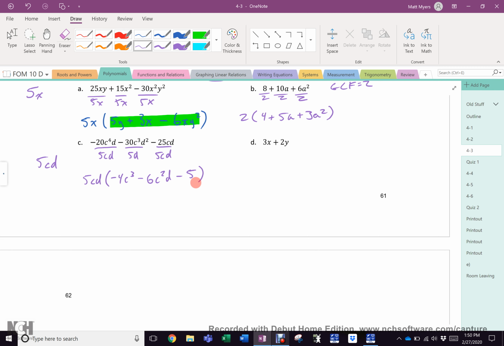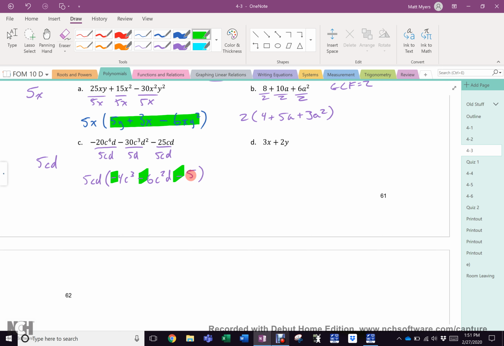Now, this is called GCF factoring, right? Greatest common factoring. We've taken care of the greatest. It's 5. But you will notice 3 negatives, yes? Which means negative 1 is also a factor there. Does everybody follow me?